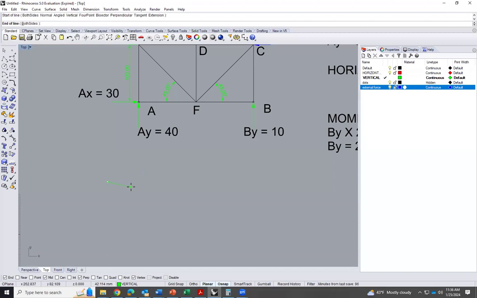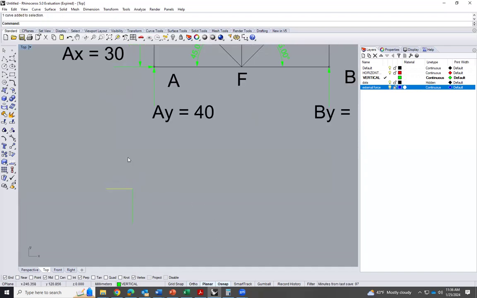But now I'm going to use the right dimension. So AX will be 30. Then AY, it's 40. Okay. Good. Direction, it's just the other way around.